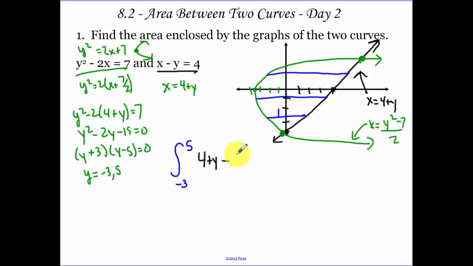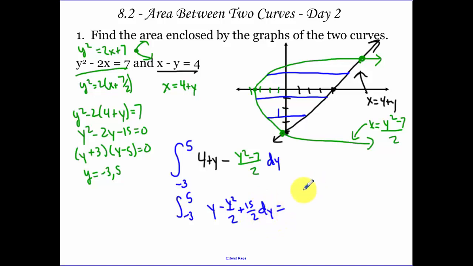So I have minus (y squared minus 7 over 2), in terms of dy. Simplifying that integral, we get y minus y squared over 2 plus 15 over 2. That was just simplifying everything out.